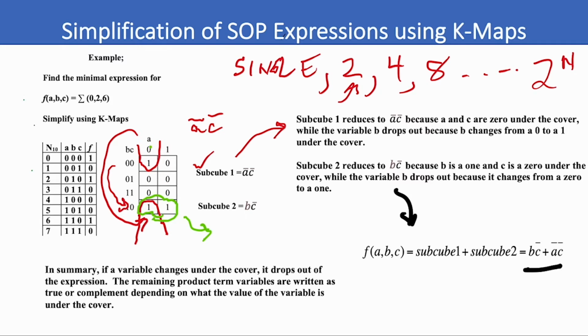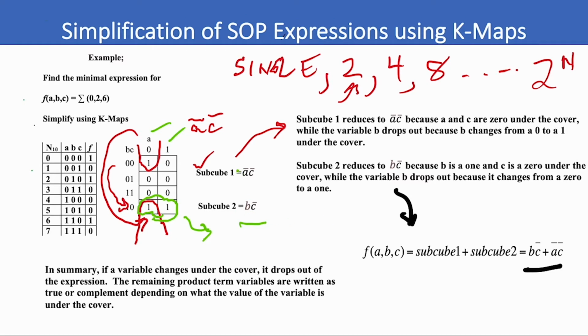And we see that A went from a 0 to a 1, so A drops out because it changed. So what we're left with is subcube 2 is equal to B, C bar. Again, B is a 1 and C is a 0.